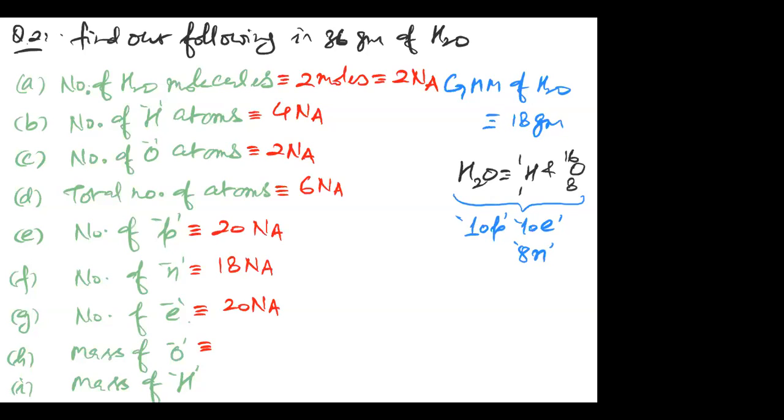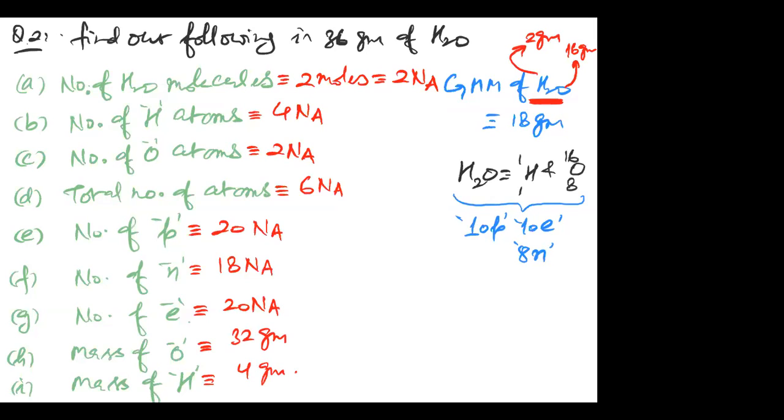So in a water molecule, the hydrogen mass is 2 gram, and the oxygen mass comes out to be 16 gram out of the total 18 gram. So the mass of oxygen comes out to be 32 gram, and the mass of hydrogen, the remaining mass out of 36, comes out to be 4 gram.